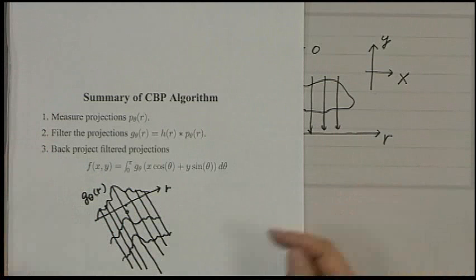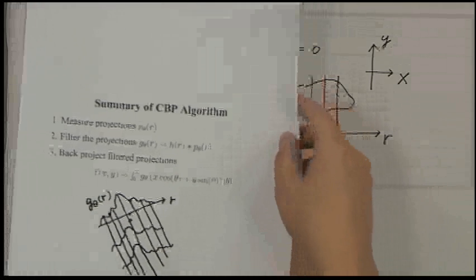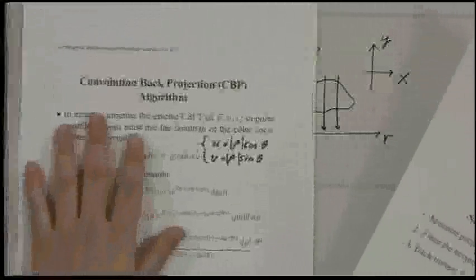This is a quick overview of the procedure of convolution back projection. But we haven't studied why this works. So I will explain why this works. Okay, so I will go back to the previous page.